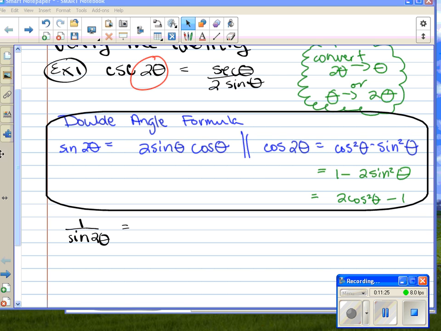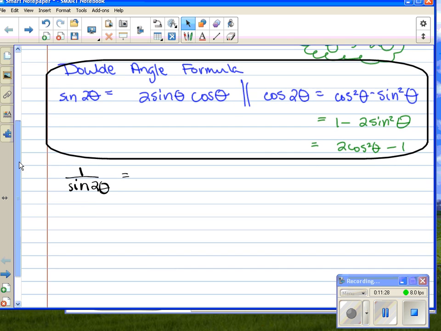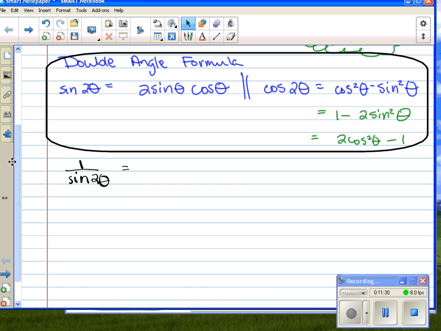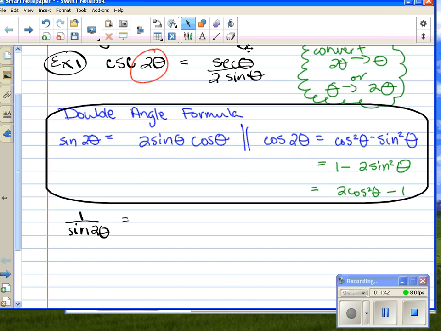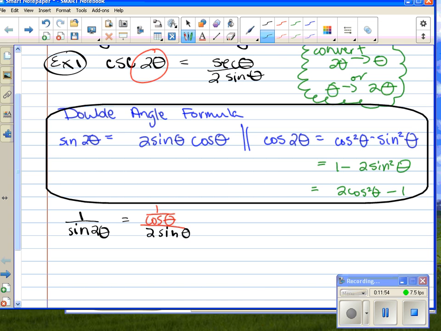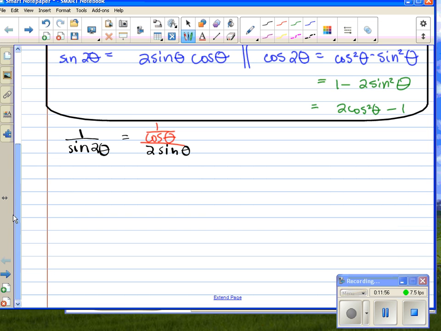Talk to us. How did you end up with that? Well, since I knew that cosecant is 1 over sine, and also I knew that secant is 1 over cosine theta. All right, so replace the secant with 1 over cosine. Now what? Then I used the double angle formula for sine theta.